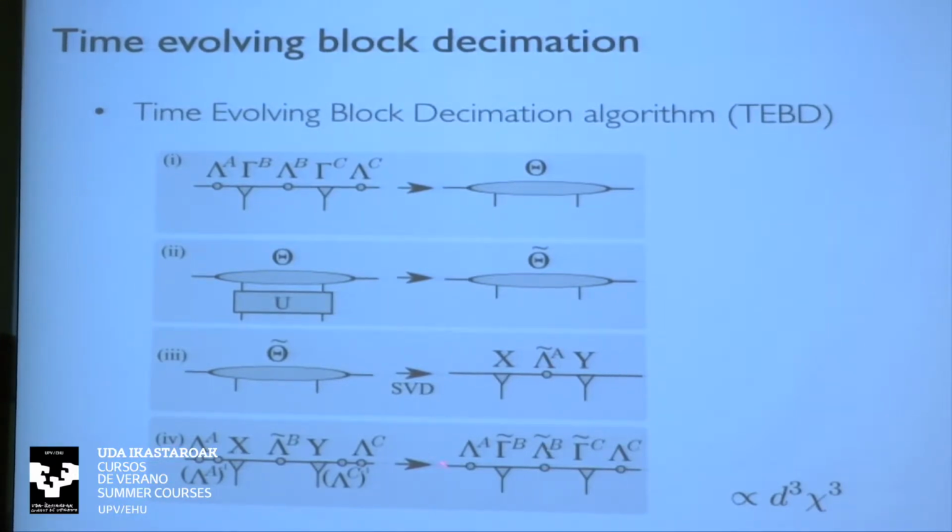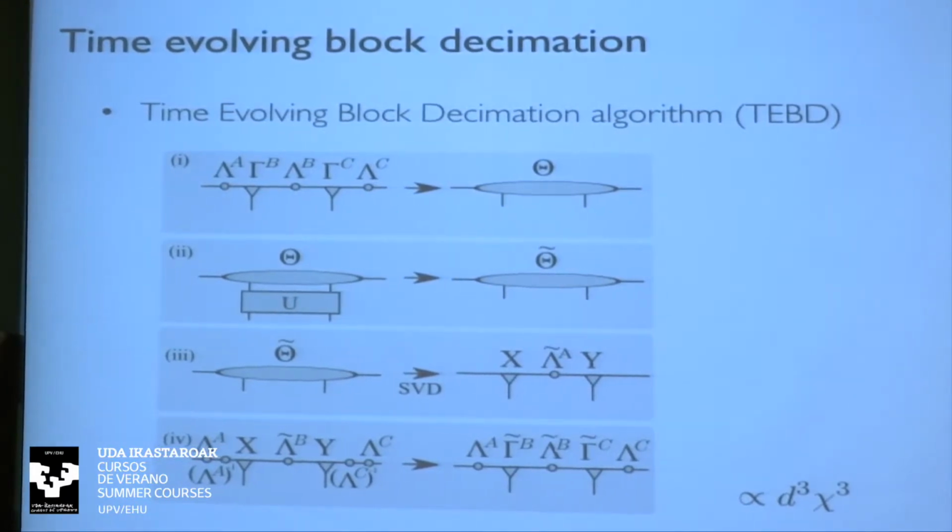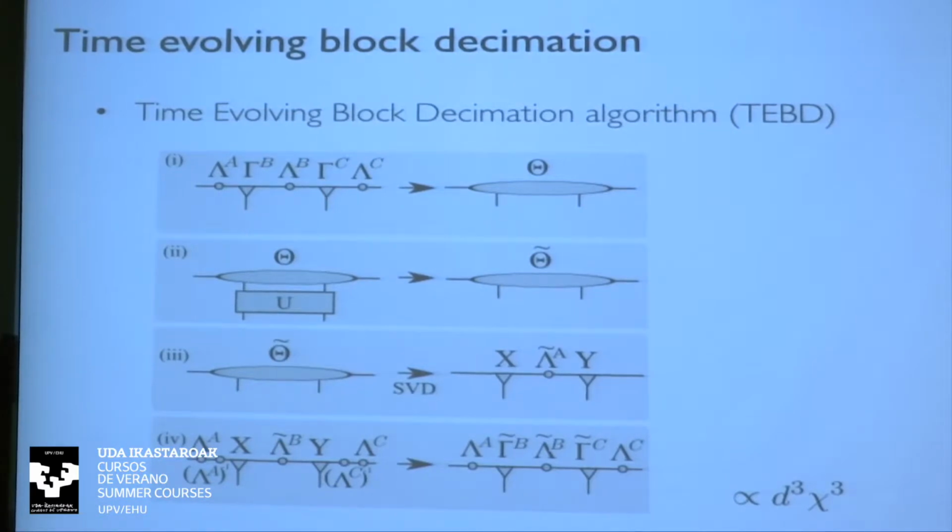And from these, we can directly extract the transformed tensors gamma B and gamma C here, right? So if we just perform this, we can perform the exact time evolution of our state.